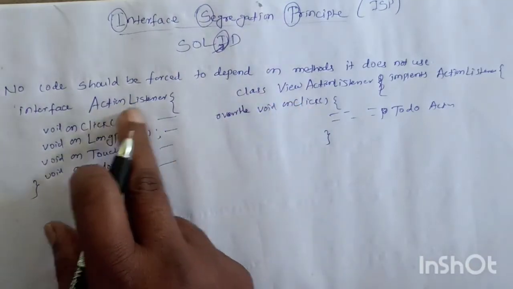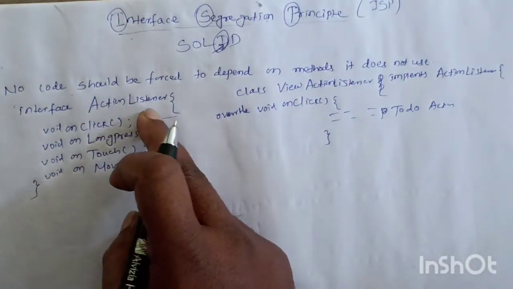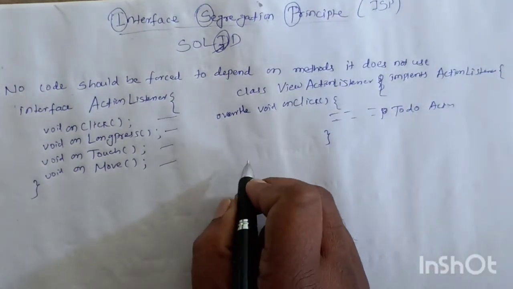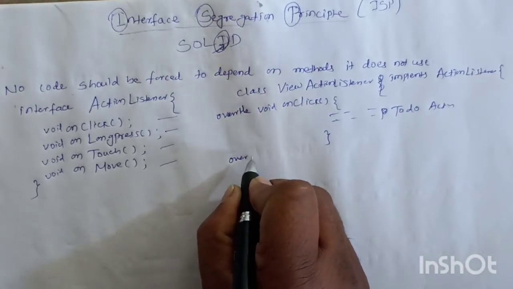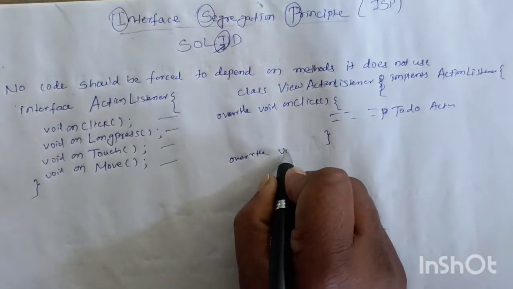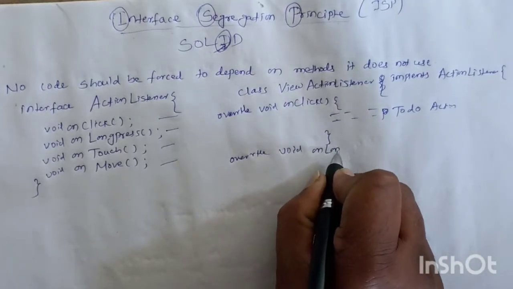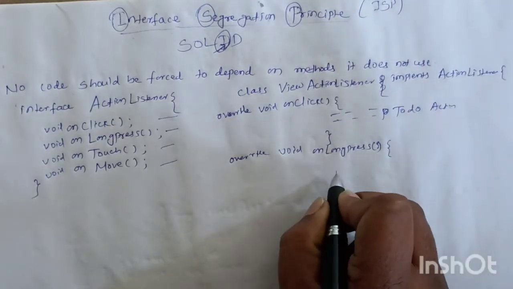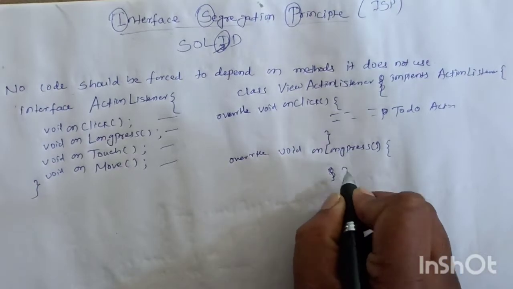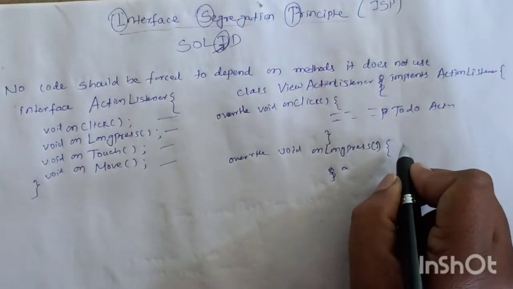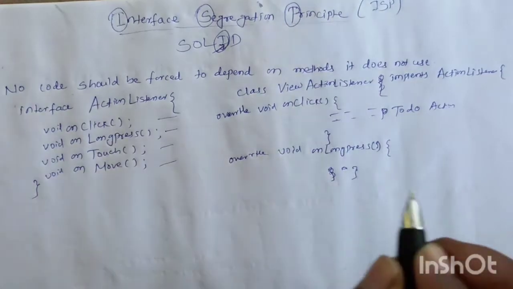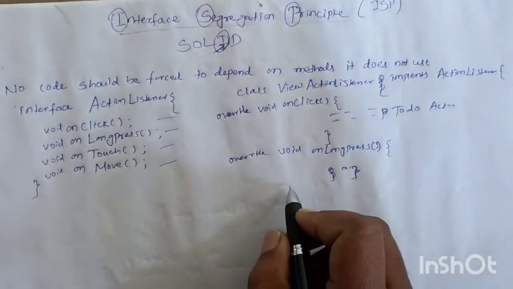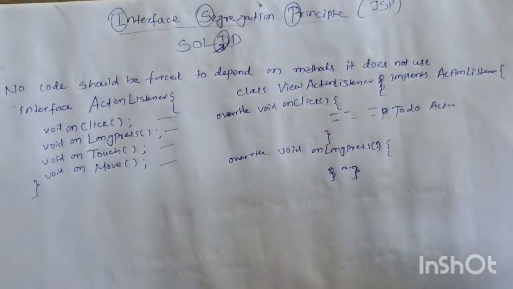But as this ActionListener interface contains four methods, for one we have written the implementation. For the other methods, let's say override void onLongPress, at least we need to give some implementation. Either it will be dead code, meaning it's empty, or we can throw an unsupported operation exception.